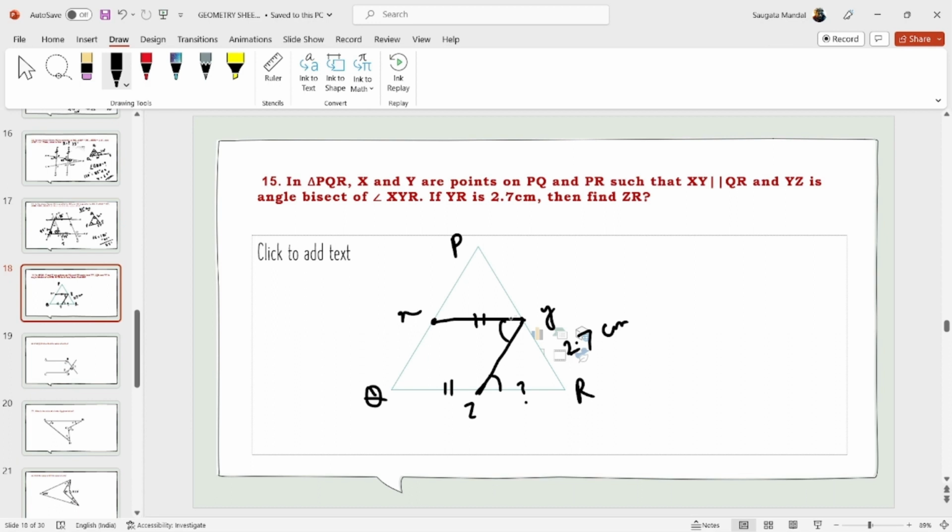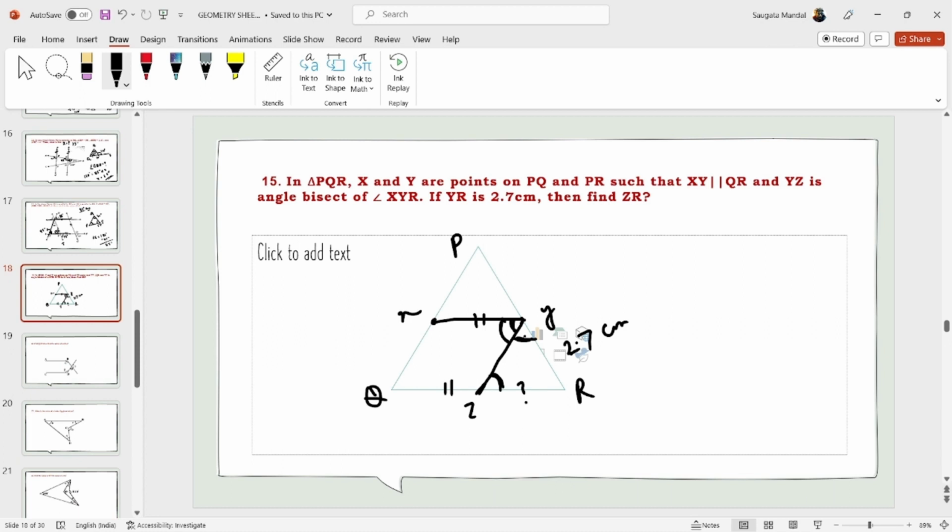And in the question it is given that YZ is a bisector of angle XYR, that means this angle equals this angle. That means on the one hand this angle is equal to this angle, and on the other hand this angle equals this angle.